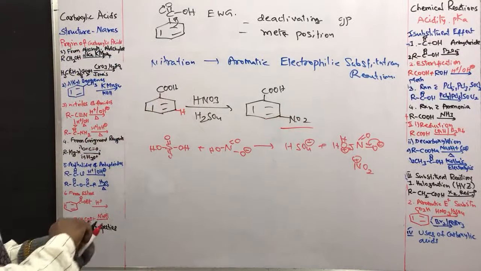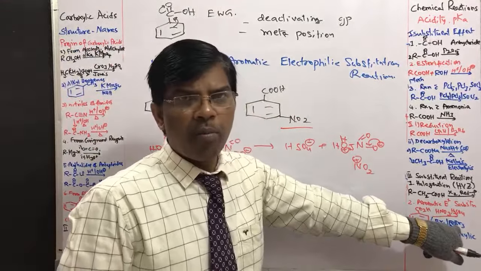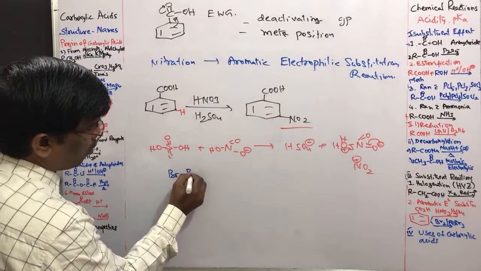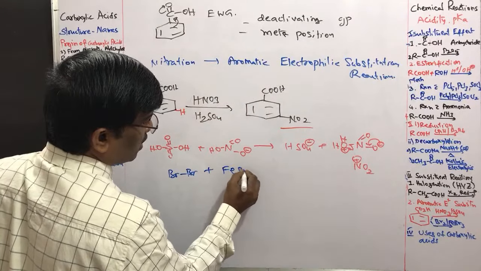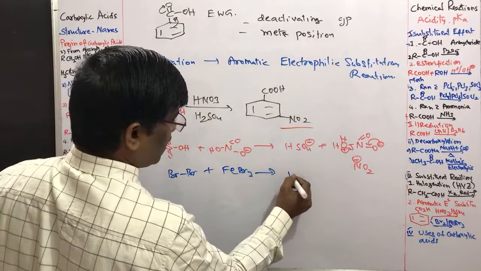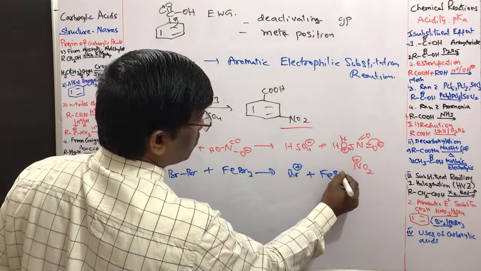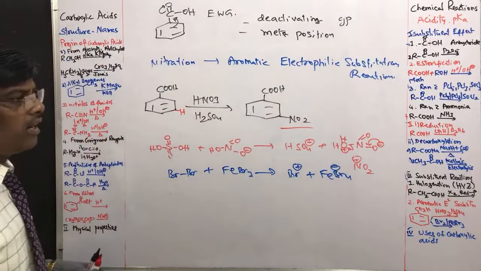Similarly with halogen, bromine in presence of ferric bromide forms the bromine electrophile. Ferric bromide is a Lewis acid, it is going to form Br plus and FeBr4 minus.